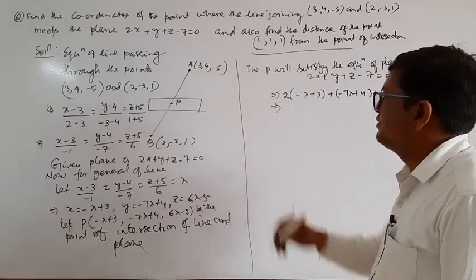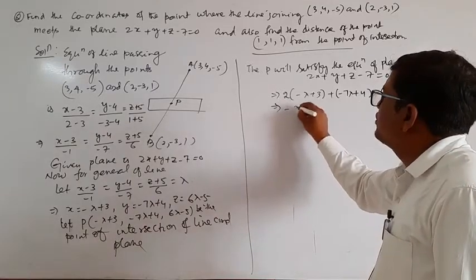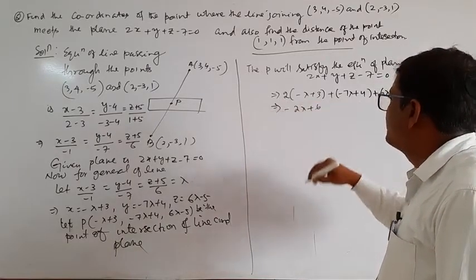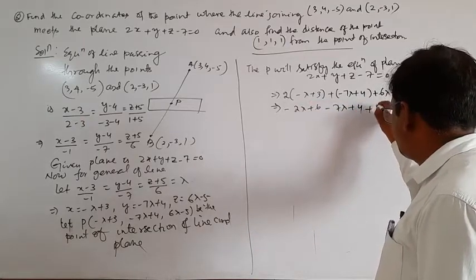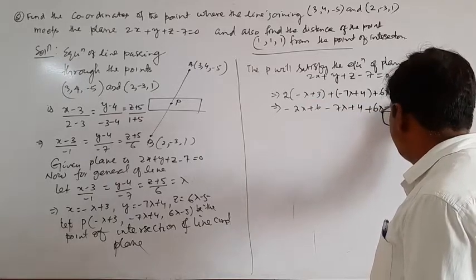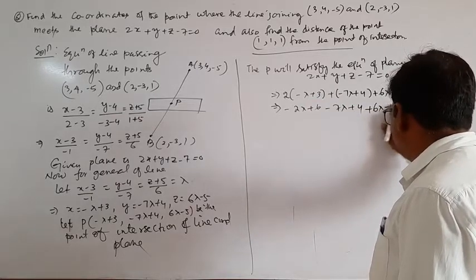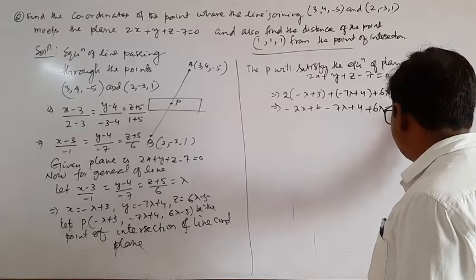That implies minus 2 lambda plus 6 minus 7 lambda plus 4 plus 6 lambda minus 5 minus 7 is equal to 0.